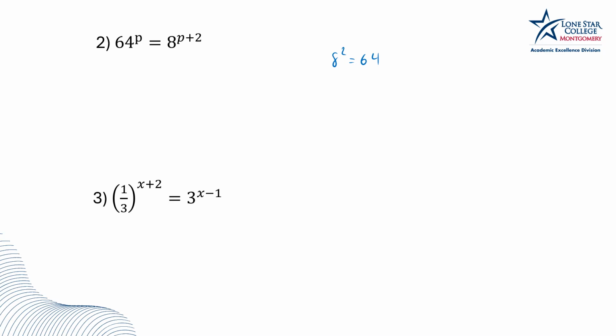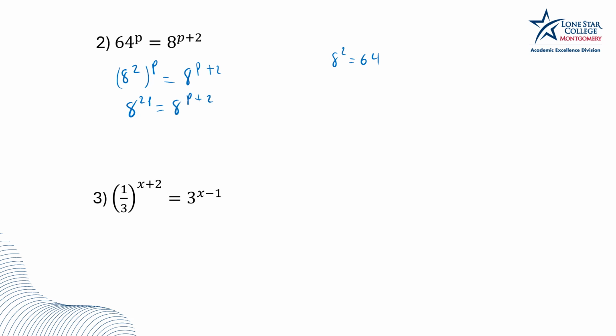So what we do is we would substitute on the left side 64 and write it as 8 to the power of 2, which is still being raised to the p, and that's equal to 8 to the p plus 2. Now, using the rules for exponents, we know that 8 to the power of 2 raised to the power of p, we're just multiplying them, gives us 8 to the 2p equals 8 to the p plus 2.